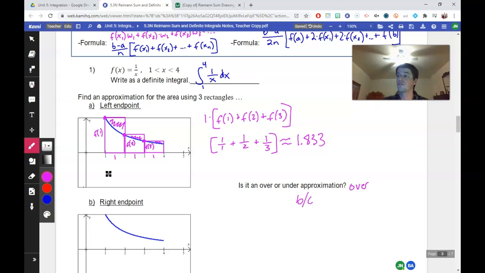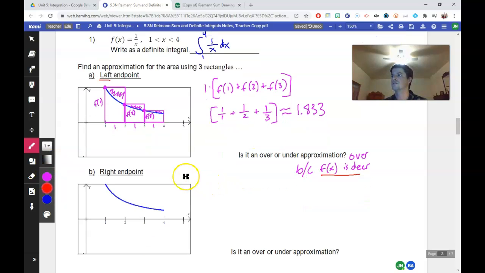The reason for that is because f of x is decreasing here. So it has to do with f of x decreasing and it being a left endpoint approximation. When those two are happening, you always have an over approximation.